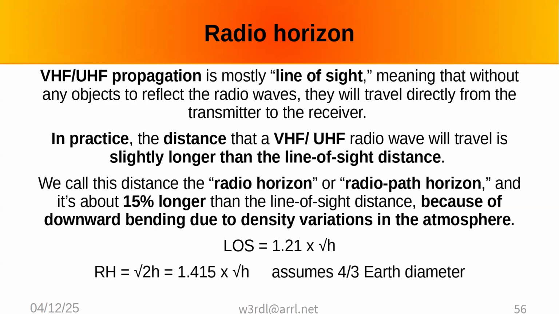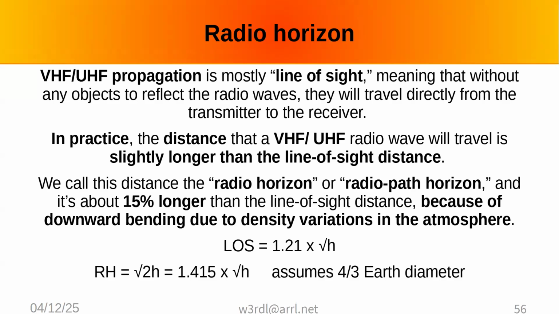Radio horizon. We normally think of VHF, UHF, repeaters, handy talkies as line of sight devices, vertically polarized typically. And the equation for figuring out the line of sight distance is 1.21 times the square root of the height in feet.